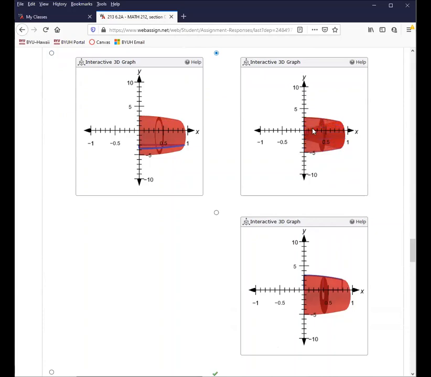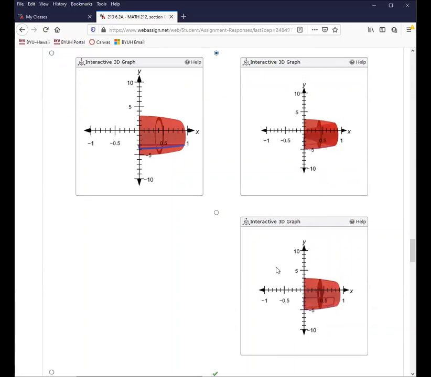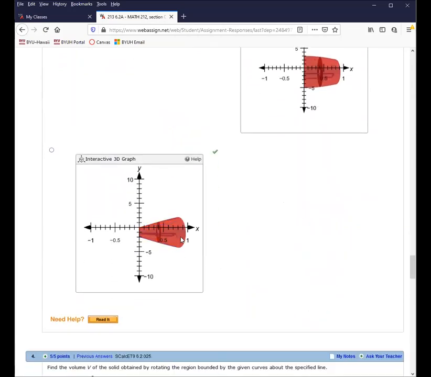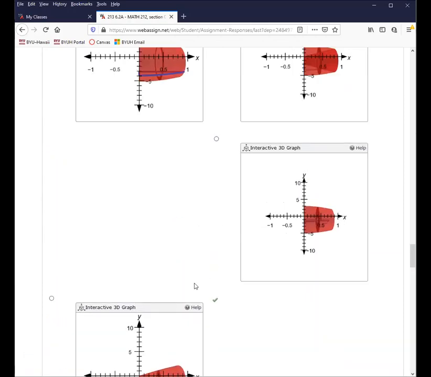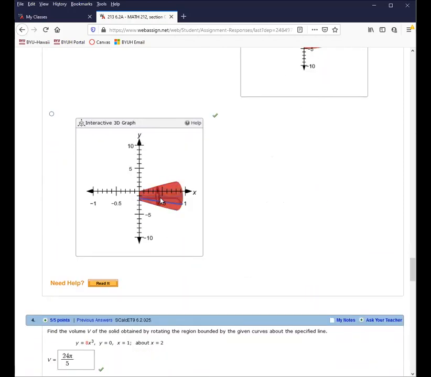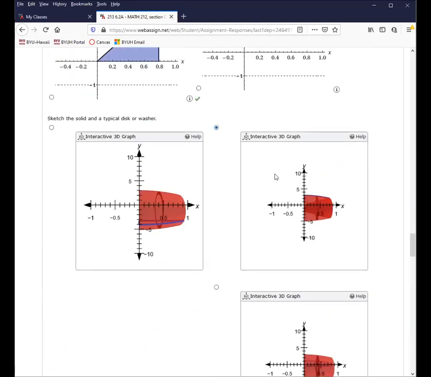And the one tracing out this little cone in the middle is y equals 3 sine x. Yeah, because it's rotating about this line y equals -1 down here. So it's completely hollow in the middle. That one, no. Okay, it's got to be this one right here. Okay, so let's go back.